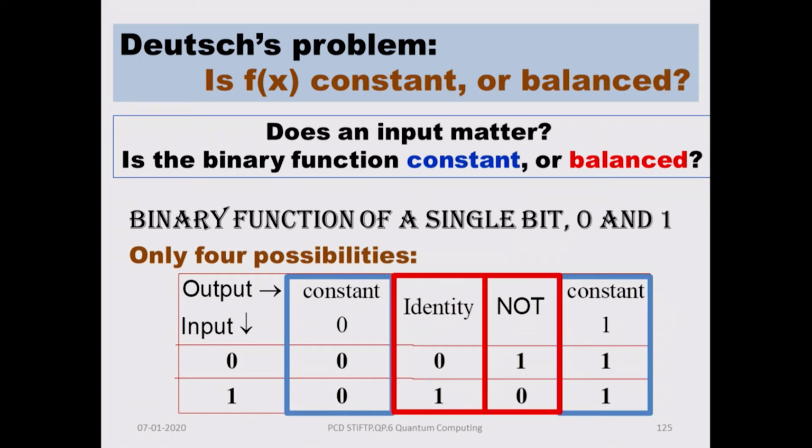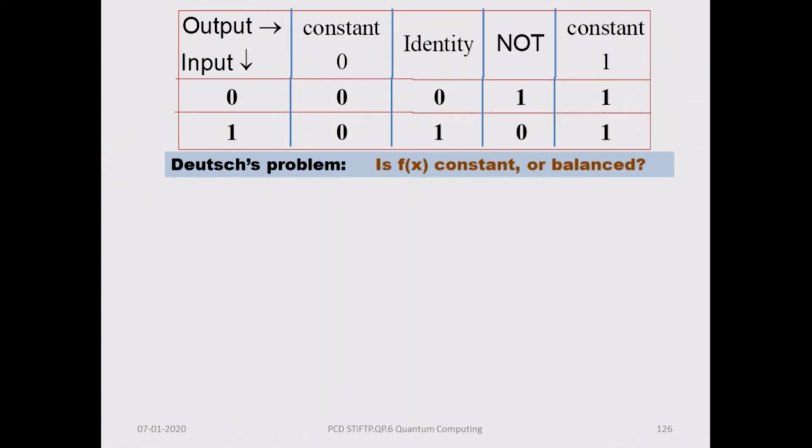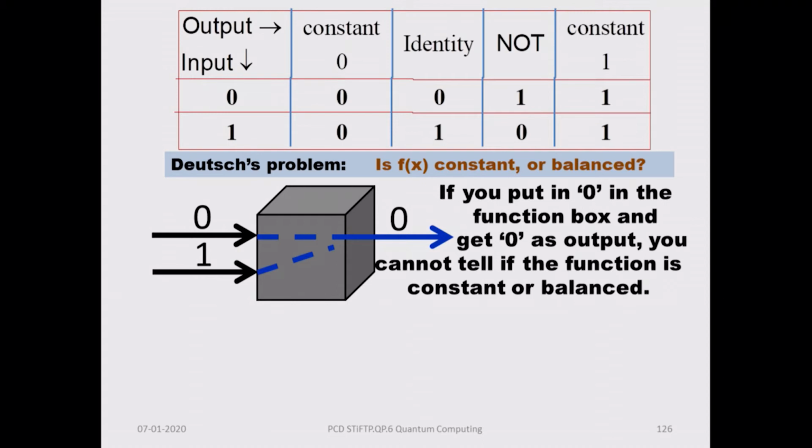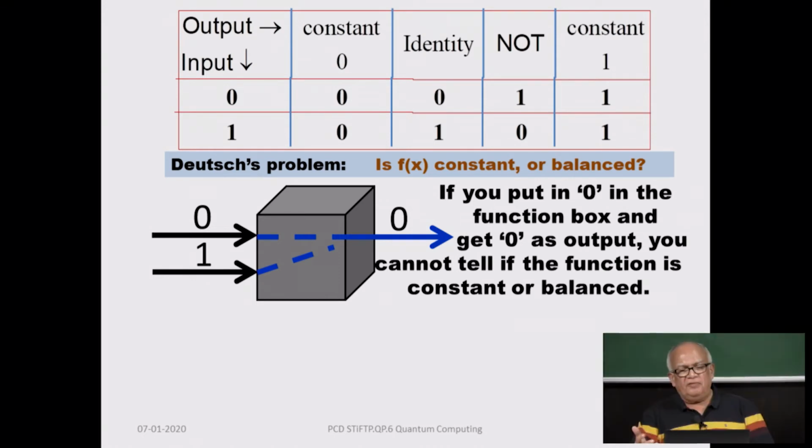So, what is the minimum number of steps that you need to determine if it is constant or balanced? Okay, suppose you get 0 output, then you cannot be sure, you will not know whether it is constant or not, because it could be constant if the input was 0, right, but the output could be 0 even if it was a NOT type of operation, right.